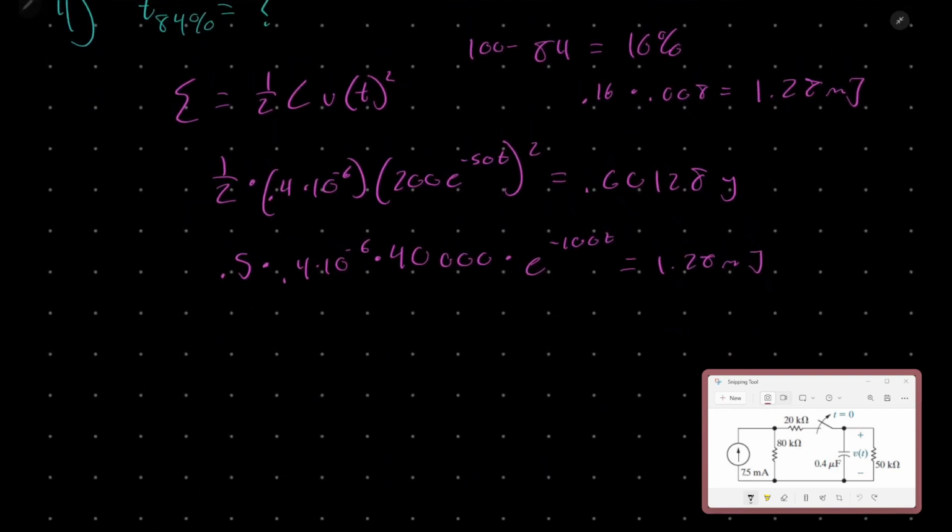Okay, and then we will multiply all this together in our calculator. Negative 6 times 40,000, and we get 0.008 e to the negative 100t equals 1.28 millijoules.